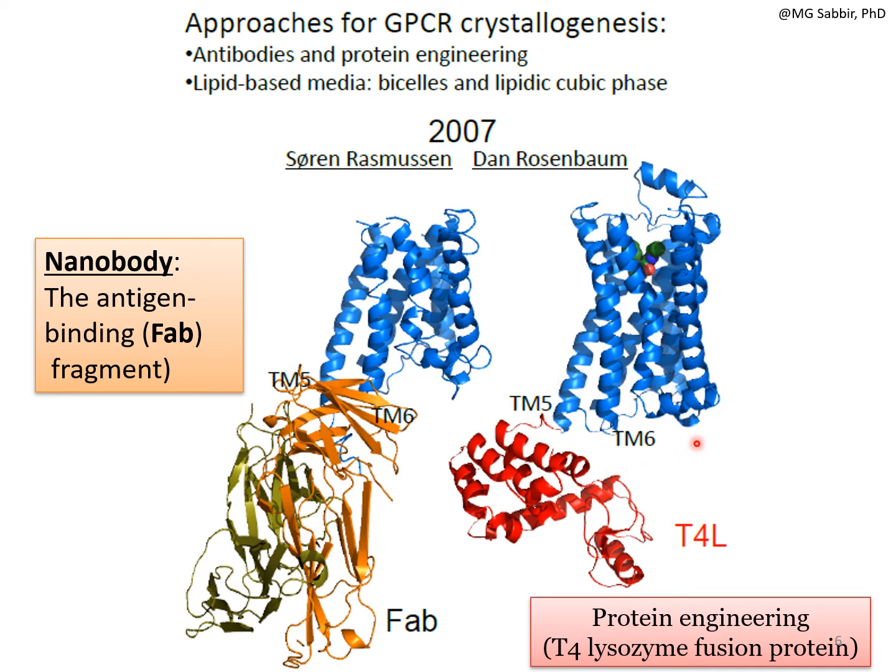Therefore, amino terminal T4L or T4 lysozyme fusion proteins were used to increase the extracellular hydrophilic surface available for forming crystal lattice contacts. So in this figure, it is shown that a T4L was fused to the C terminal, but at the same time, a T4L was fused at the N terminal to increase the crystal lattice contacts. And this facilitated the formation of crystals.